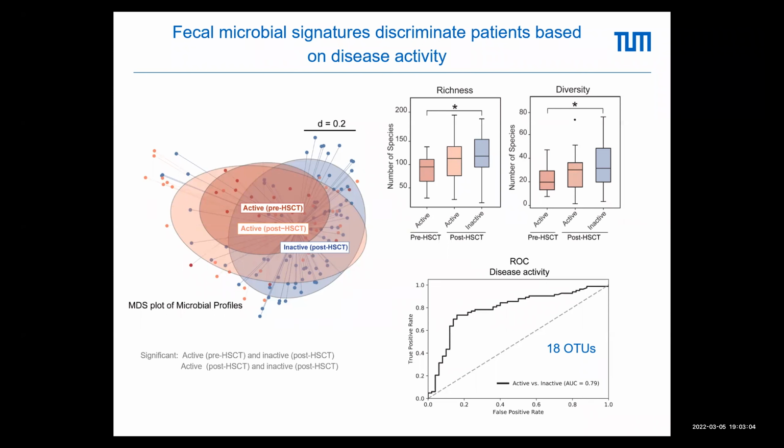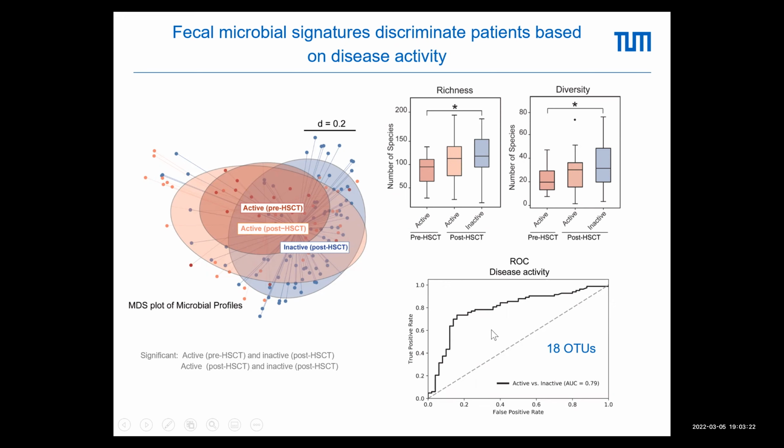So we can use it for diagnostic and treatment purposes, for example. And so what we did next was that we used the information we have on the microbiome profiles, and we used machine learning tools to see if we can classify patients based on their gut microbiome composition.